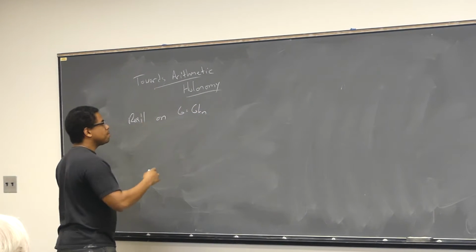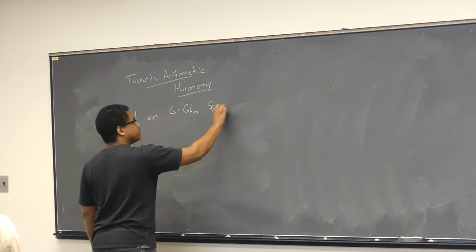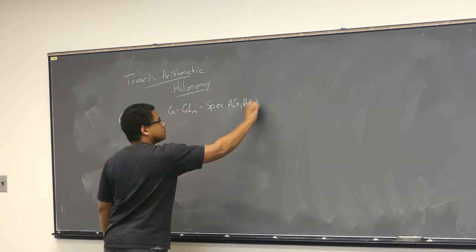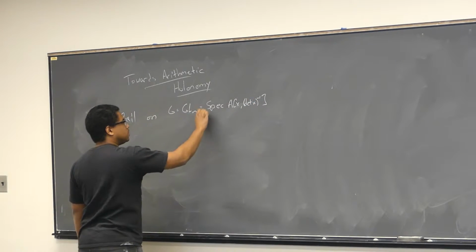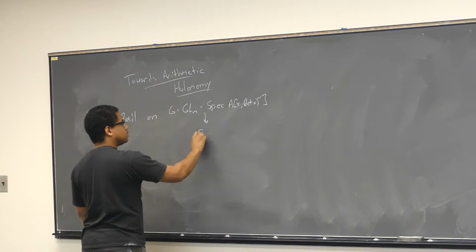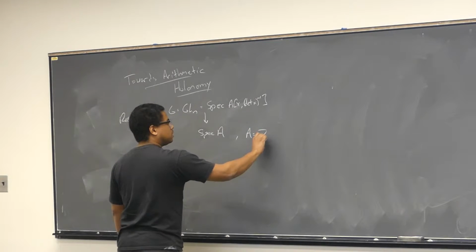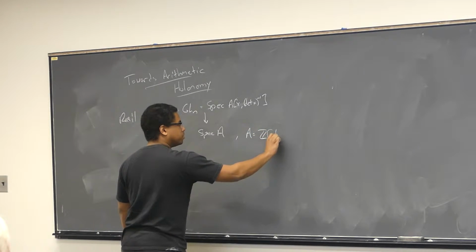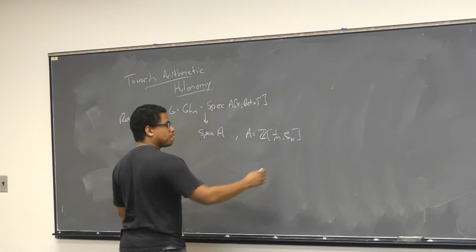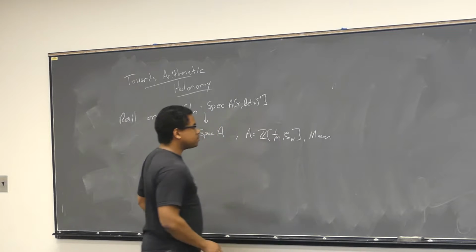So in our picture, we have sitting over take the Z of 1 over m, so n. I could just say m is 2, but we'll say m even.